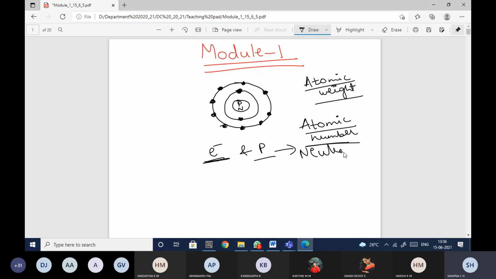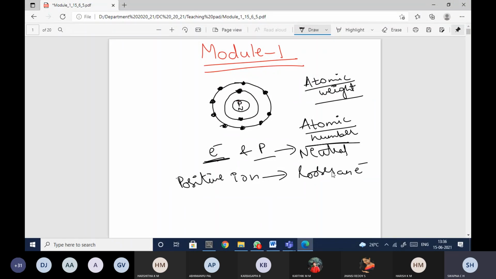So when do we call it positively charged or negatively charged, that is, a positive ion and a negative ion? We call it a positive ion when an atom loses an electron.